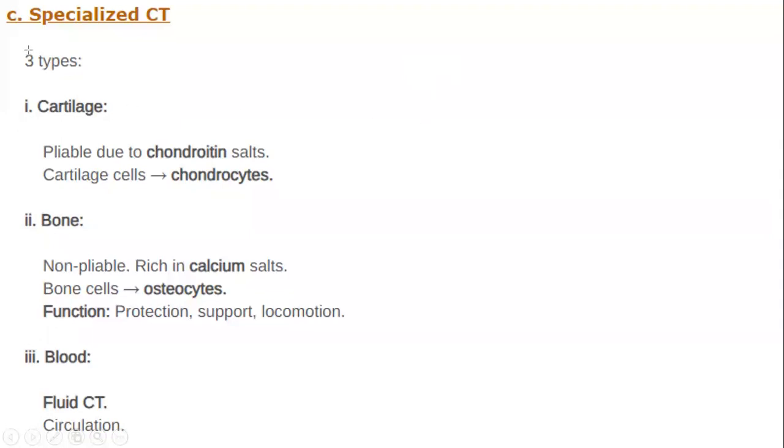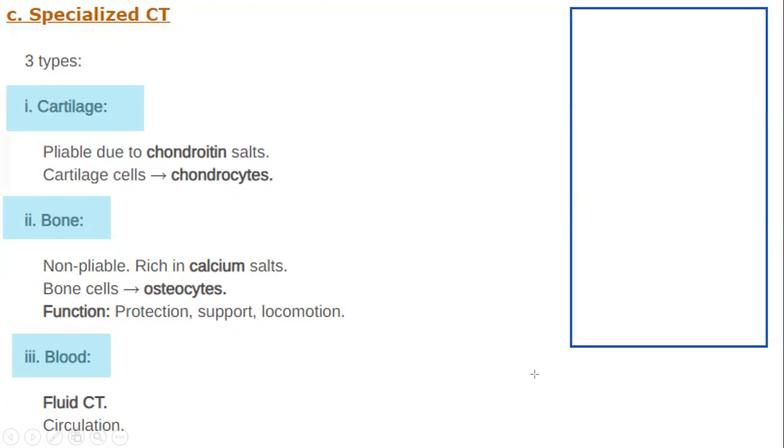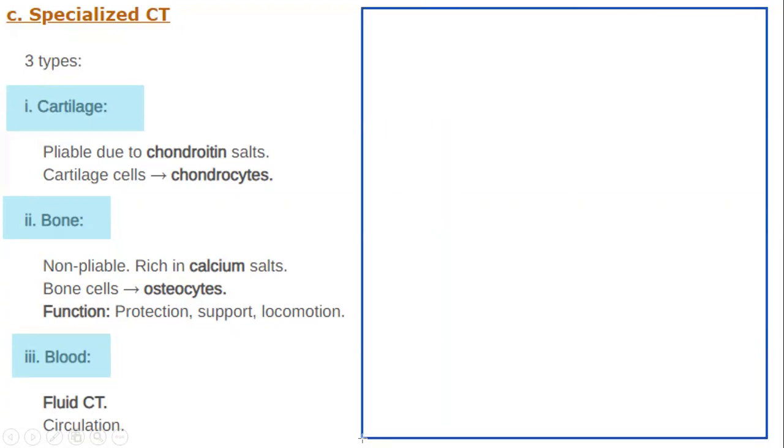Specialized connective tissues are of three types: cartilage, bone, and blood. These are the three types of specialized connective tissues.